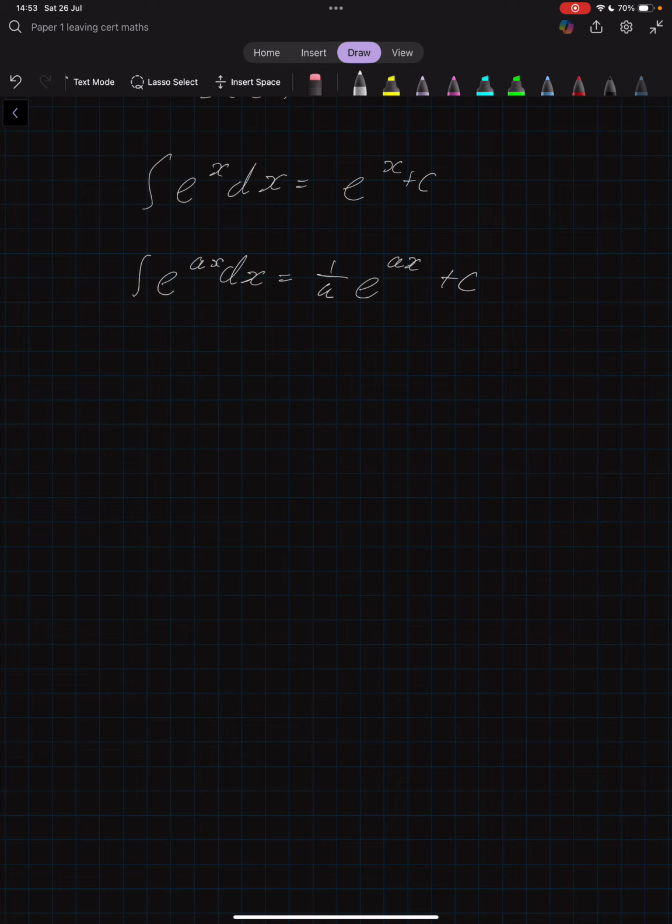And that's all you need. Because we had that d dx of e to the ax was a e to the ax, you can see that here we're dividing by a, here we're multiplying by a. That's the only difference.